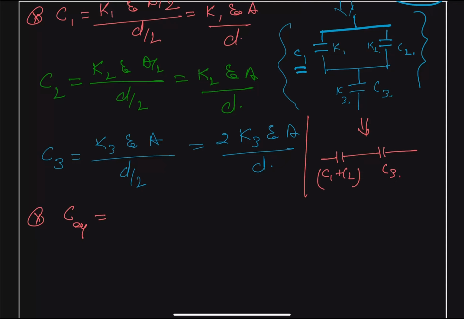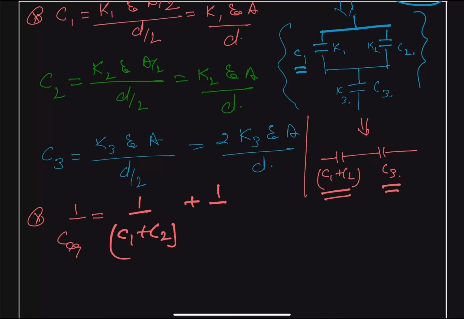So for C equivalent, 1 upon C equivalent is equal to 1 upon C1 plus C2, plus 1 upon C3.